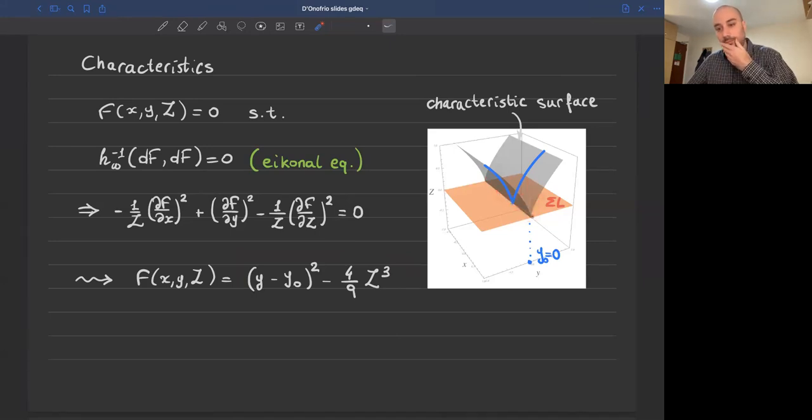This is an important behavior, which is the classical behavior of characteristics close to the parabolic set, because I want to remind you that the singular locus is always parabolic. This is consistent with that.